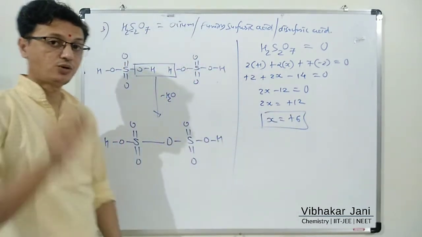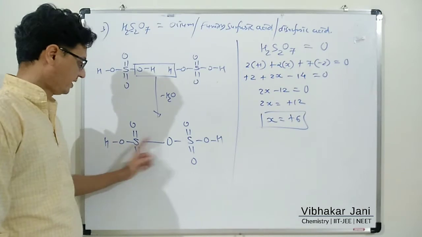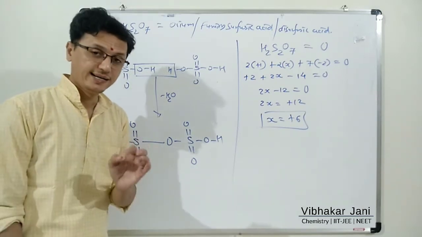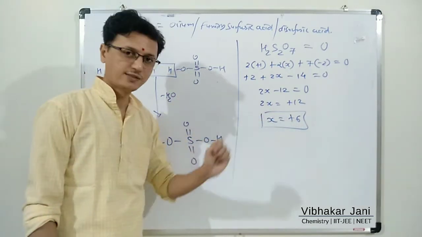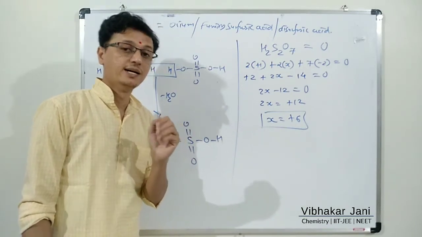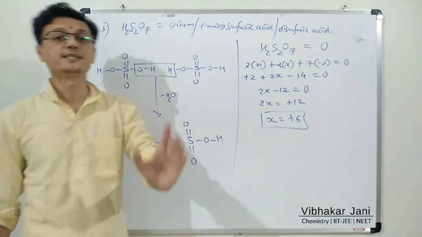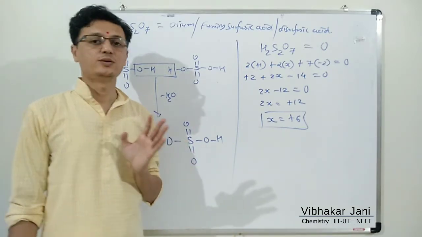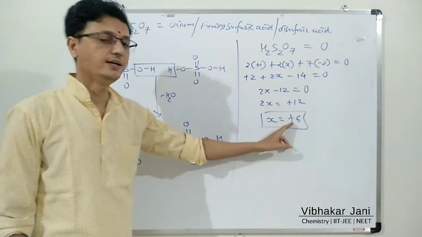So the oxidation state of each sulfur in disulfuric acid is +6. And as I told you 2 or 3 minutes ago, if the word sulfuric acid is there, then definitely the oxidation state of sulfur will be +6.